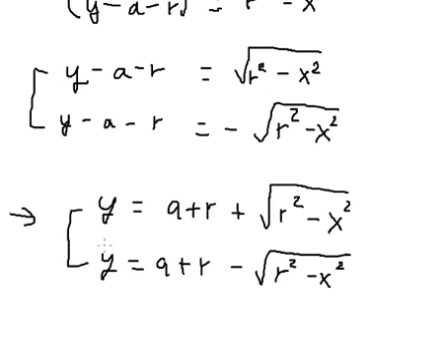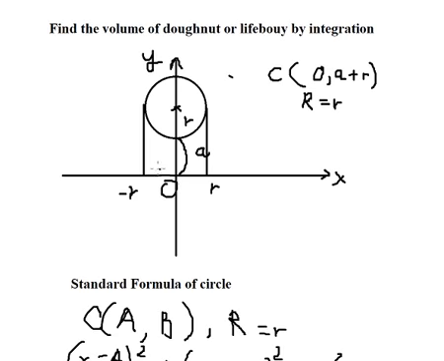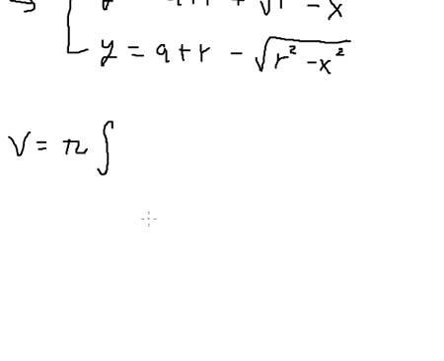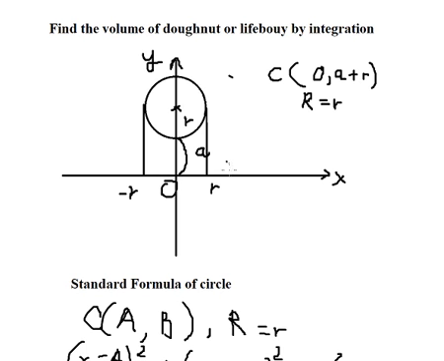Now we can apply the formula of the volume. That should be pi, and we have the integration from negative R to positive R, because we want to rotate this circle around the X axis.